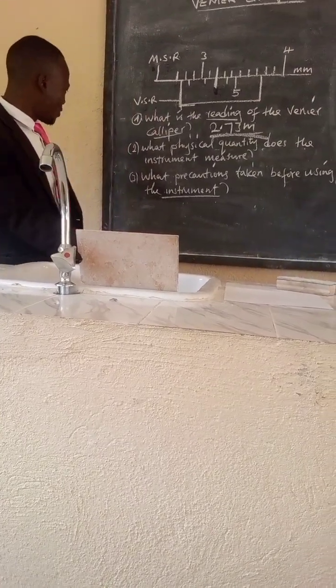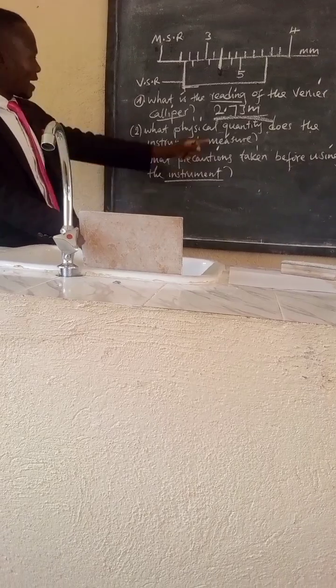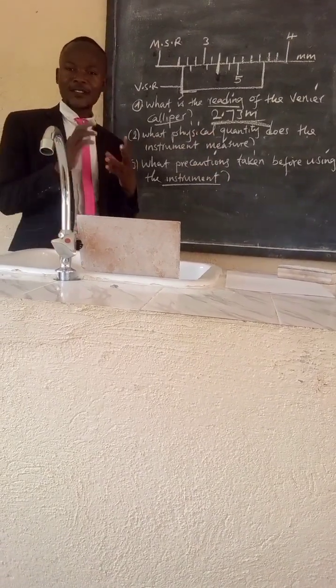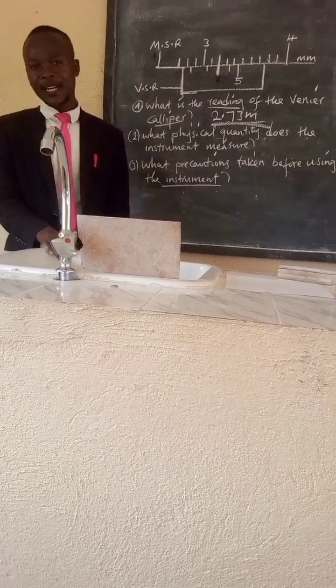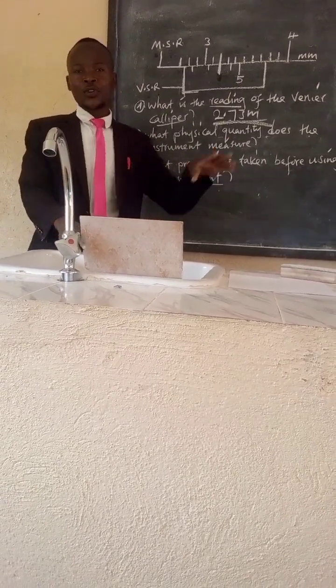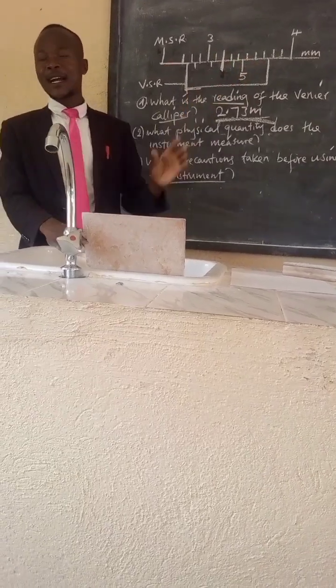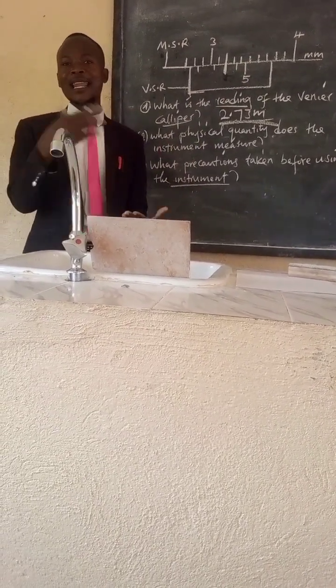Okay, let's proceed to question 2. Question 2 says, what physical quantity does the instrument measure? This instrument, called the vernier caliper, measures the diameter or the length of an object.